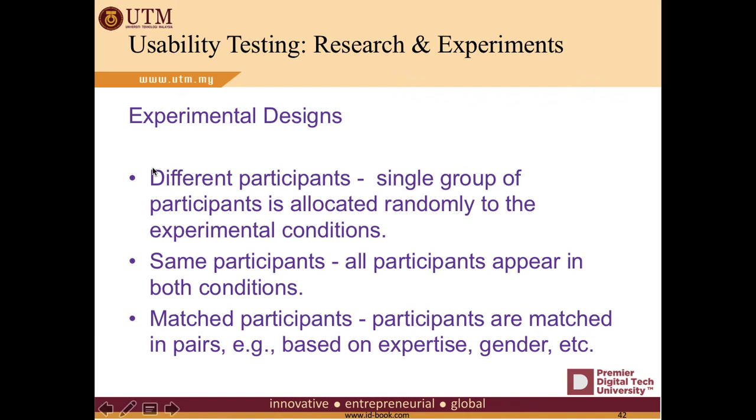design. Number one, you might go for different participants. Number two, same participants. Number three, matched participants. Different participants means a single group of participants is allocated randomly to the experimental condition. Let's say you want to evaluate the performance of Honda and Toyota cars.